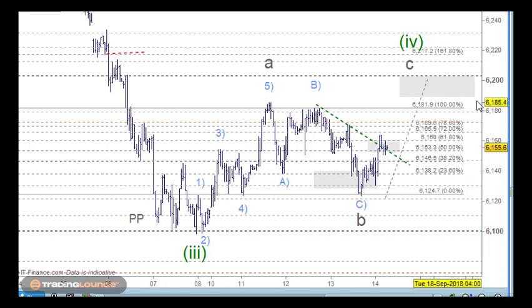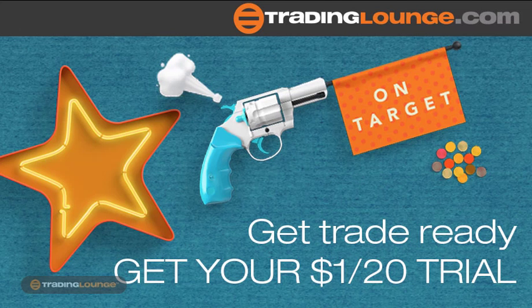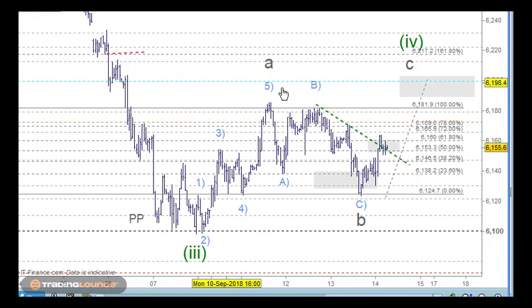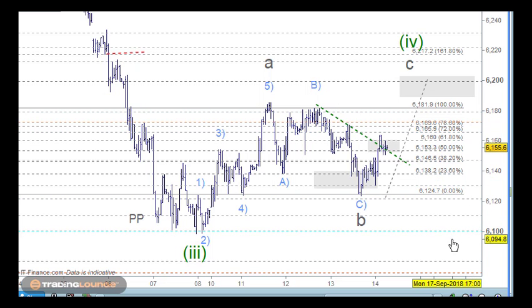So that's why we need to see if this 6,200 area here becomes support, then we need to look at it being bullish from that point, but we really want it to sit on there properly.